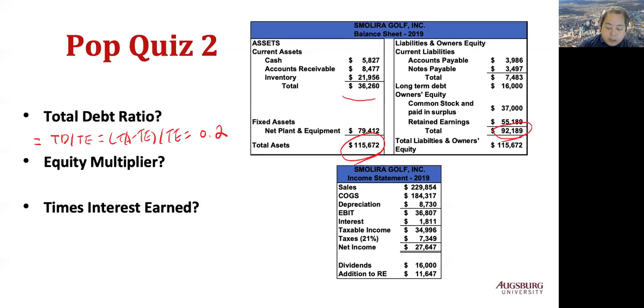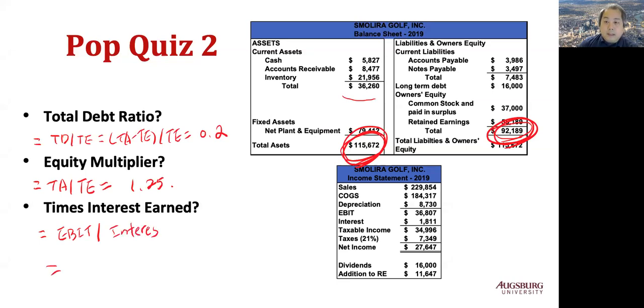Equity multiplier is just total assets divided by total equity. Total assets 115,672, and total equity 92,189, equals 1.25. Times interest earned is EBIT divided by interest.